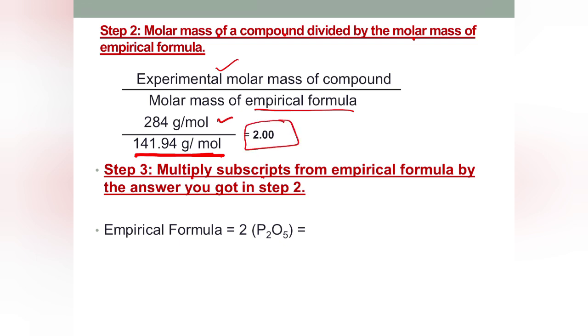By multiplying the subscripts of the empirical formula by the number obtained in step number 2, we get the molecular formula.